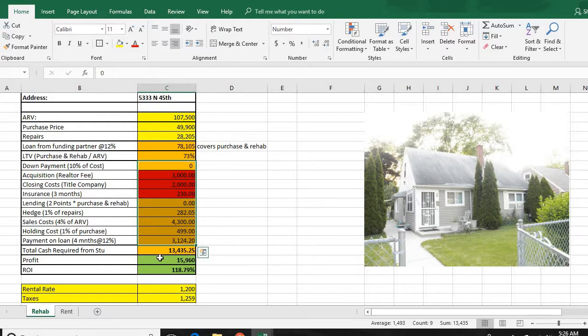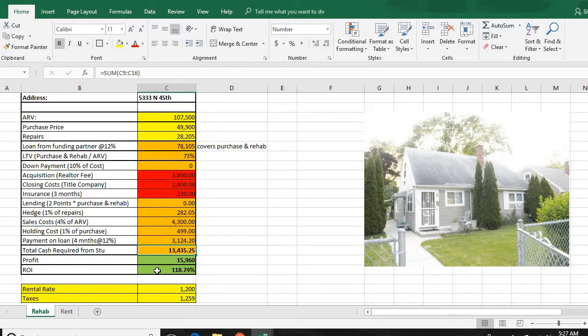So final profit, if you take this number right here, this is the final profit, $15,960, and we get that number from basically saying that we're going to sell the house at full ARV, and we're taking 107.5, subtracting the loan of 78,105, and then subtracting any other cash that was required for all of these other costs right here, and then you get the final profit of $15,960, and that return on investment is 118%, and that's based off of the cash on cash return.